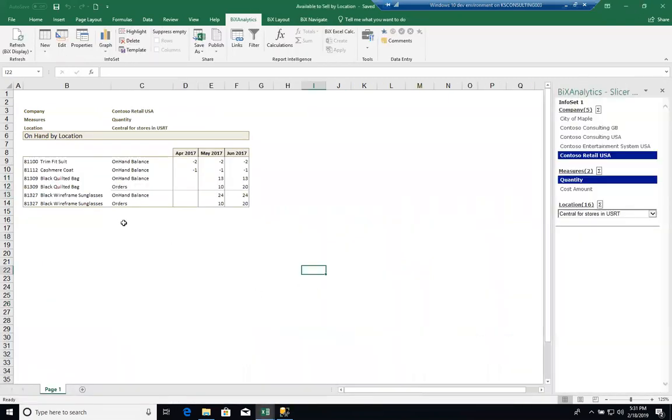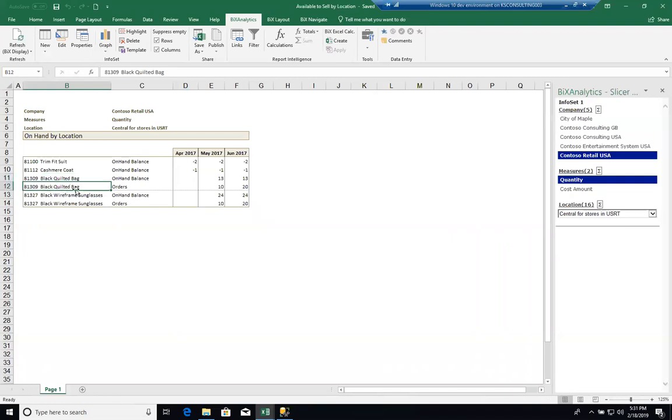So interestingly here, this is an example of looking at available to sell. I'm focused on one particular location and one particular company. And I'm looking at on-hand balances. What this means is that for this particular item, the central store actually has a negative on-hand balance, which is kind of interesting. But I can also see that there's orders that are being placed for other items.